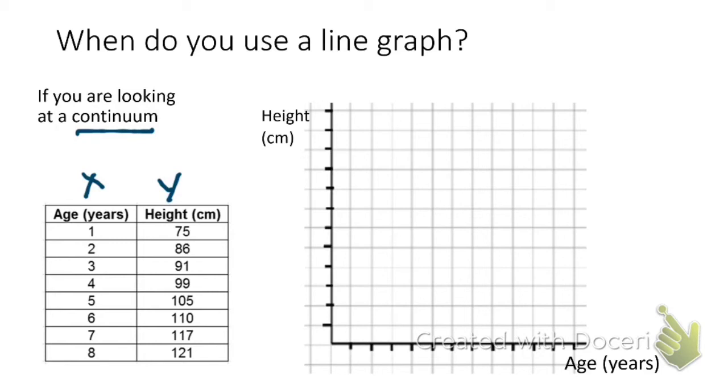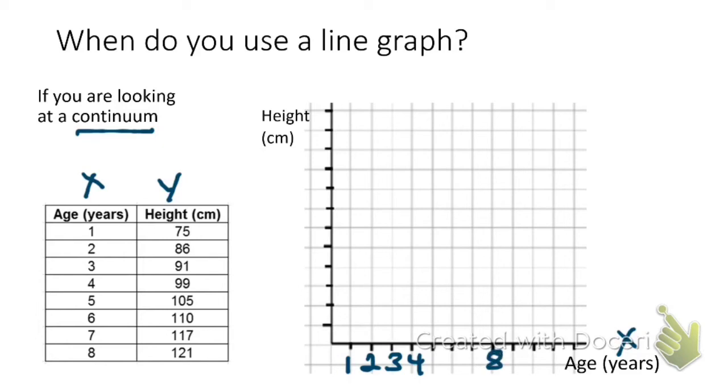So then you look at your data and you say, okay, if my x goes from 1 to 8, how do I divvy up my x-axis? You could just put these data points right here, 1, 2, 3, 4, 5, 6, 7, 8, and that would be appropriate.